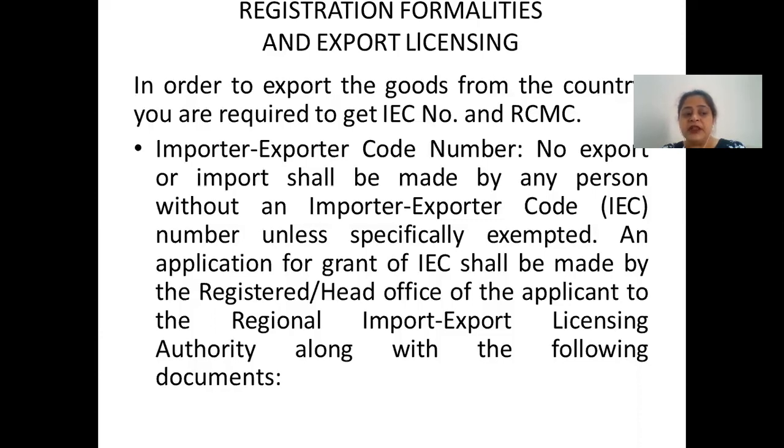Then we need to obtain the registration certificate for GST from the required authorities. If we are working at a small scale level, we need to obtain registration as a small scale unit. If you are working as a medium or large unit, we have to obtain the license from the respective service providers and authorities.